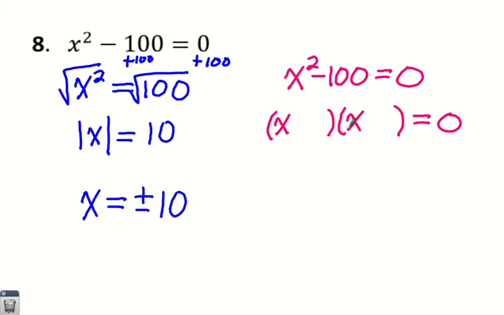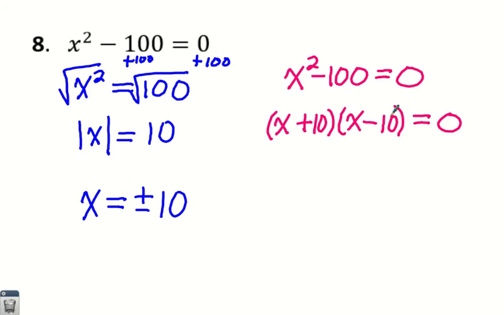And you put the square root of this term in the front of each bubble, and then one bubble gets a plus, one bubble gets a minus, and then you put the square root of the second term at the end of each bubble. So, long story short, when you factor x squared minus 100, you get x plus 10, x minus 10.